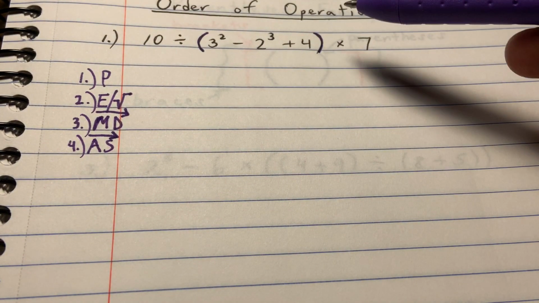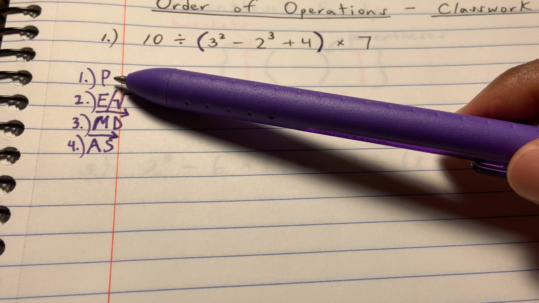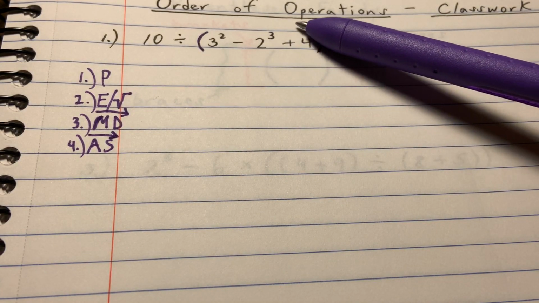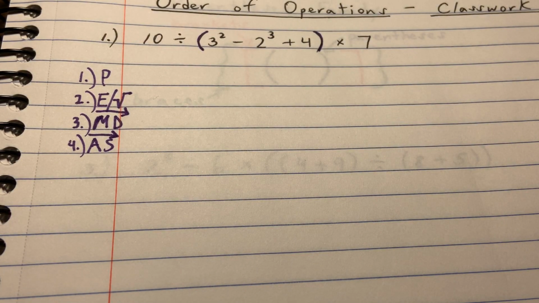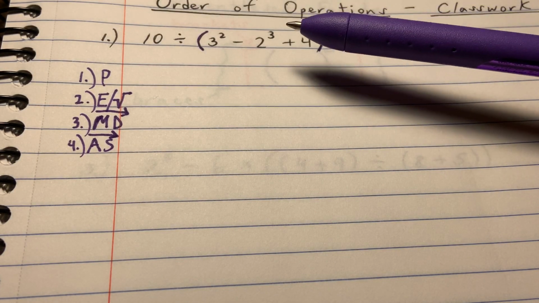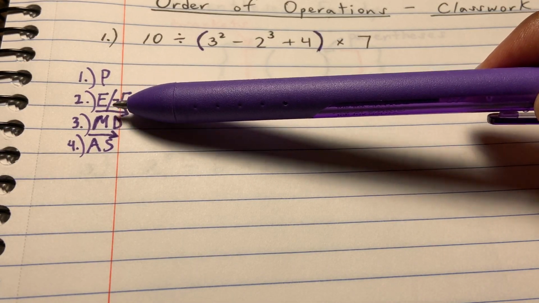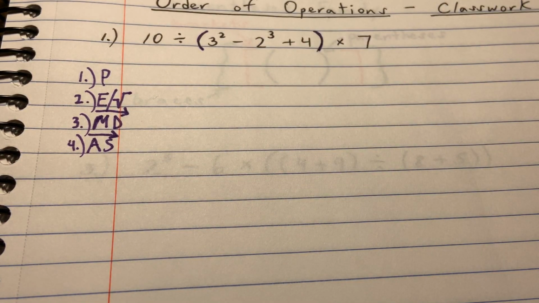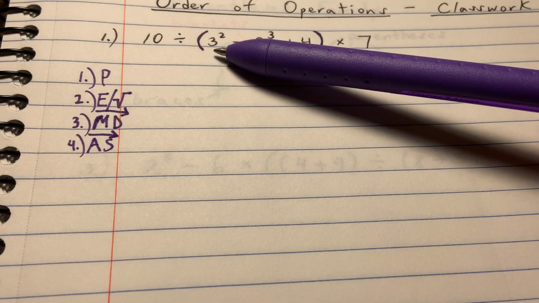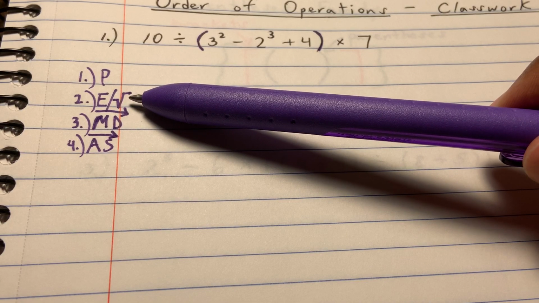So what we must do, ladies and gentlemen, is because parentheses is first in the problem, I must evaluate everything inside the parentheses until I get it down to one number. Another word for evaluate is to solve. Now you might say, well, how do I know what to do first in the parentheses? You follow steps 2, 3, and 4 in this order within the parentheses. Inside the parentheses, you ask yourself, do I see exponents or roots?